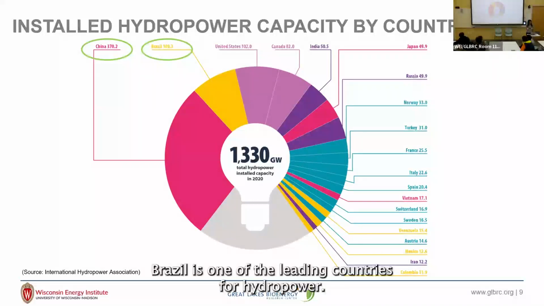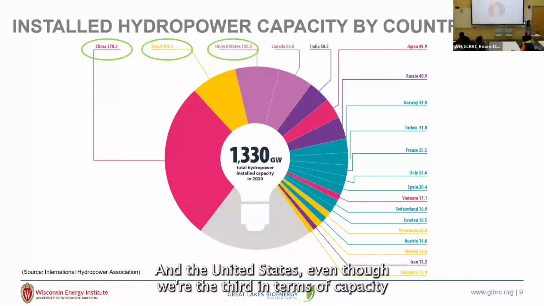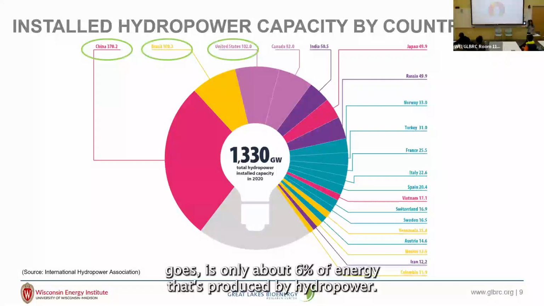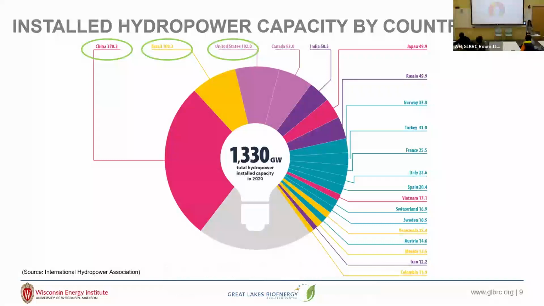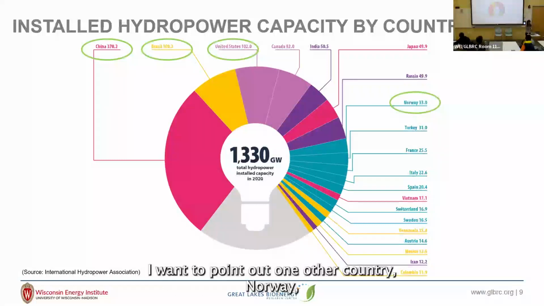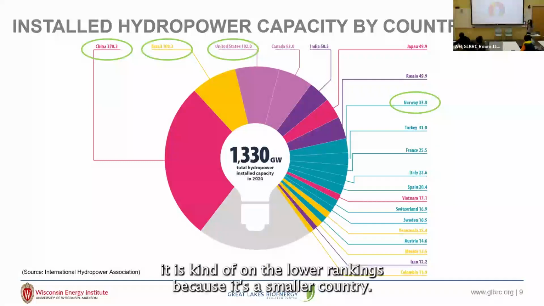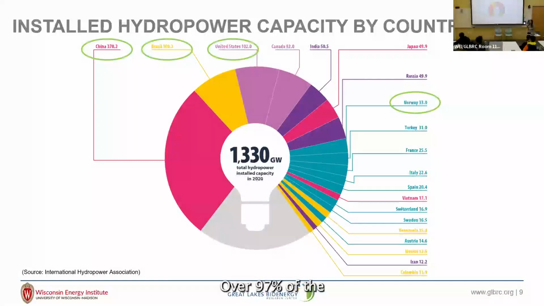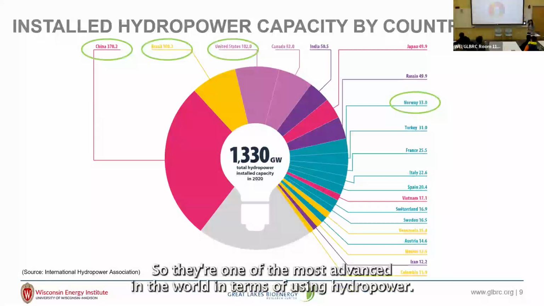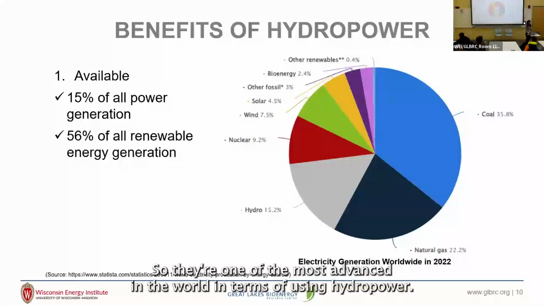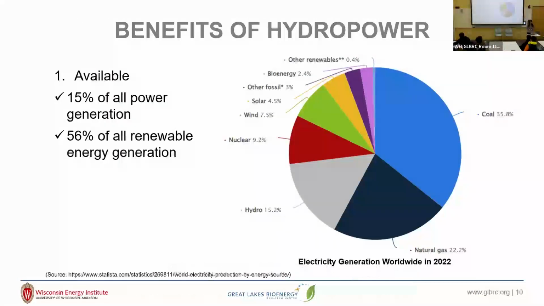Brazil is one of the leading countries for hydropower. And the United States, even though we're third in terms of capacity, only about 6% of energy is produced by hydropower. Now, I want to point out one other country, Norway. It is kind of on the lower rankings because it's a smaller country. However, 97% of all energy generation in Norway is hydropower. So they're one of the most advanced in the world in terms of using hydropower.